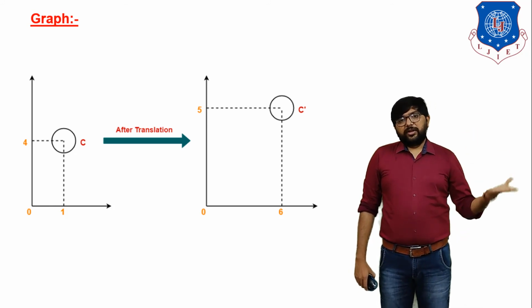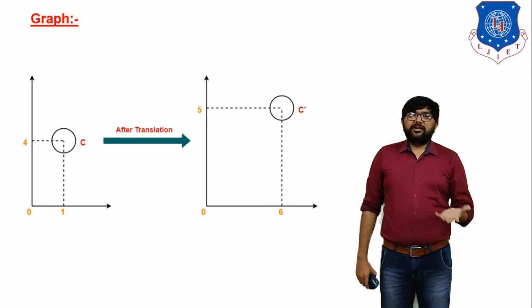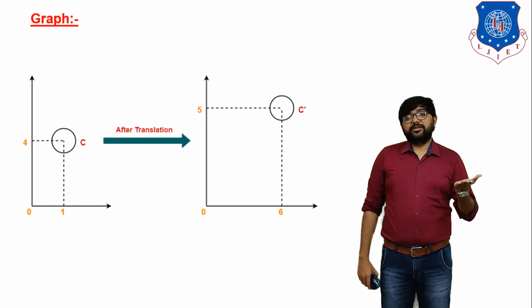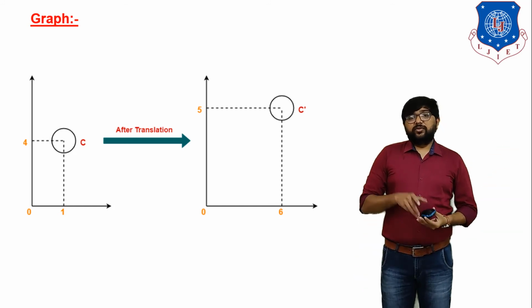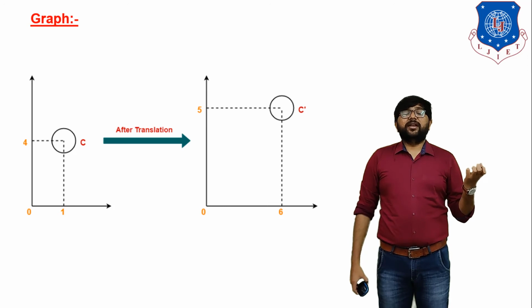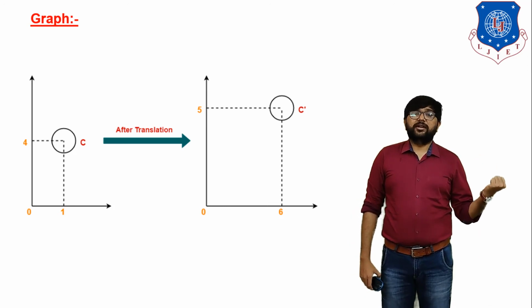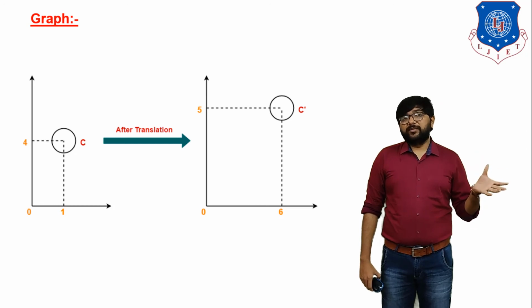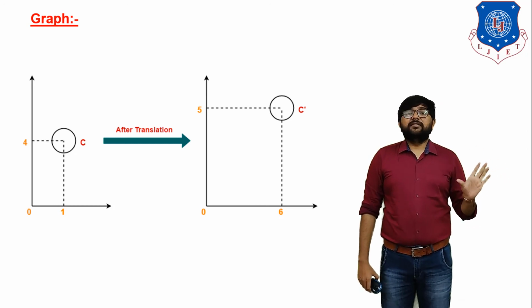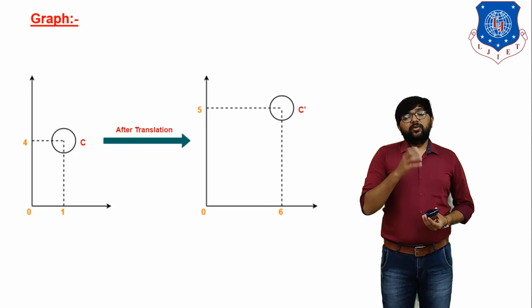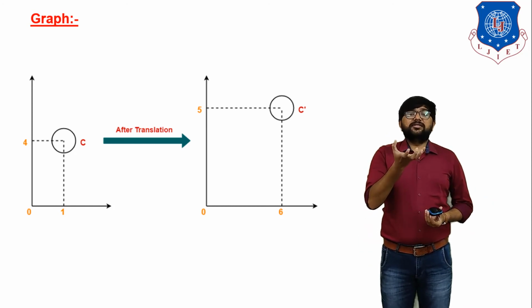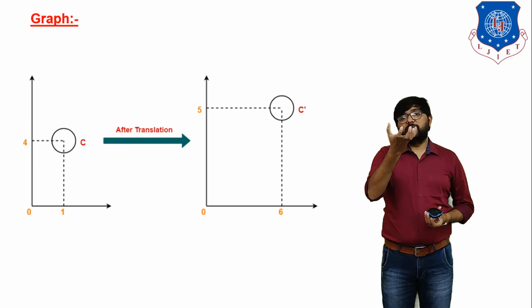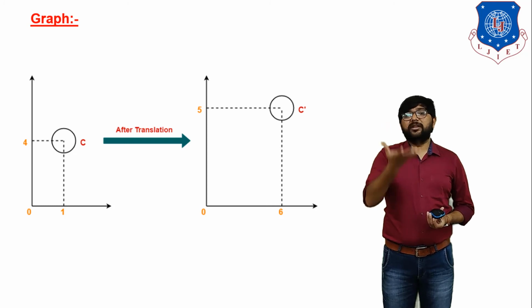Clear? So in today's session we discuss translation. In the next session we discuss rotation. In rotation, as you all know, we have to use basic mathematical concepts, like cos of theta plus phi, sin of theta plus phi, and cos of alpha plus beta, so the equation cos alpha cos beta minus sin alpha sin beta. Some basic equations we have to use. And you already know the basic concept of a straight line. Suppose the equation of a straight line is y is equal to mx plus c.